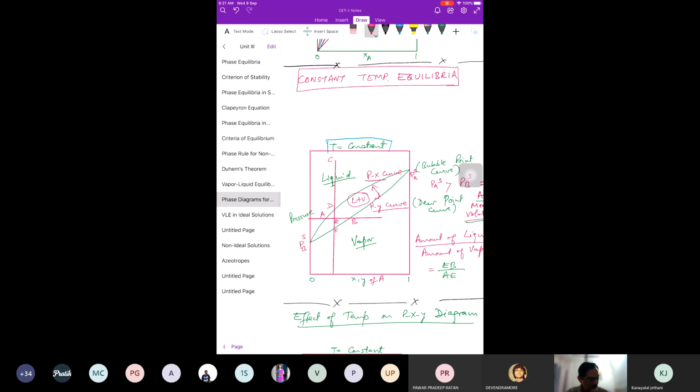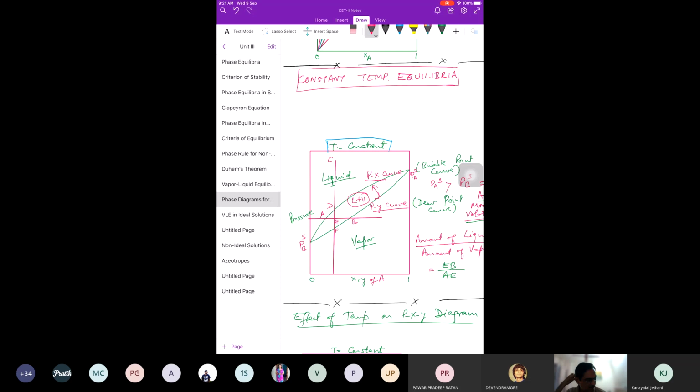Now we have to find the composition of the liquid and the composition of the vapor, or how much is the fraction. So essentially we have to do a material balance to find what fraction is liquid and what fraction is vapor.